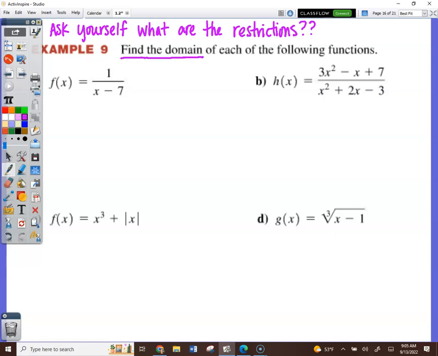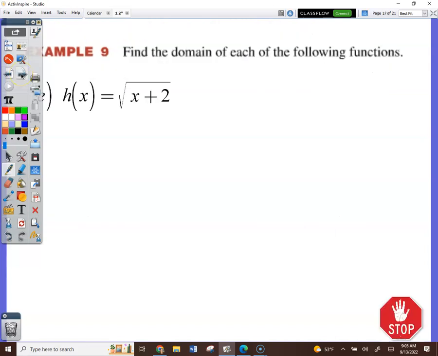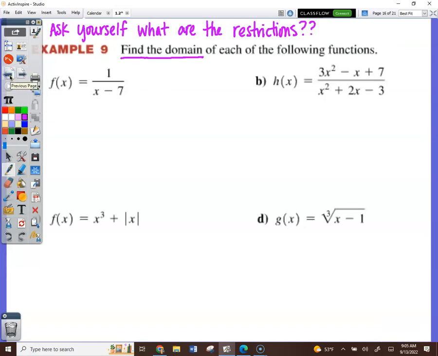The only ones where you have to stop and say, wait a minute, I gotta actually do some math here, are when it's a fraction with x in the bottom, because that means there's a number that can't be plugged in, or when it's a square root. Which is exactly why I added the 5th example, because you will see no square root there. So I was trying to help you cover all of them.